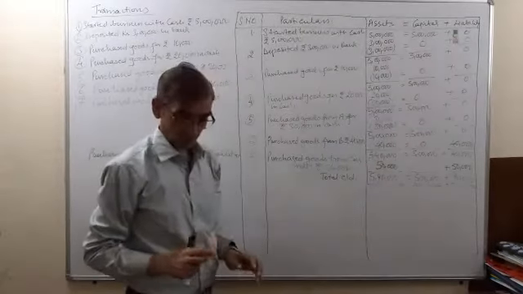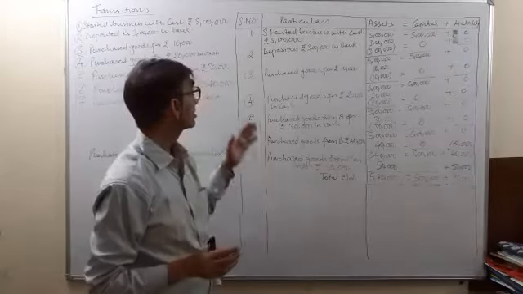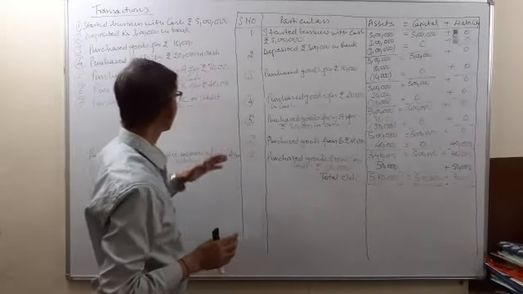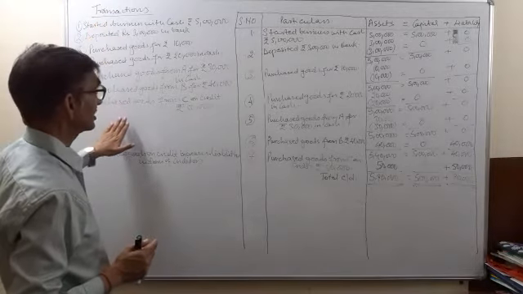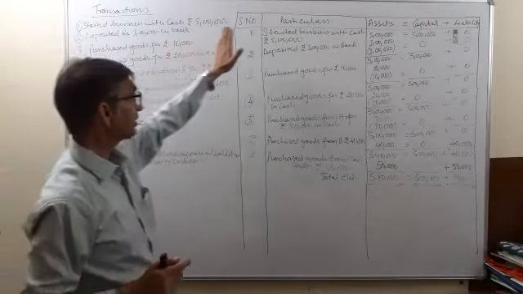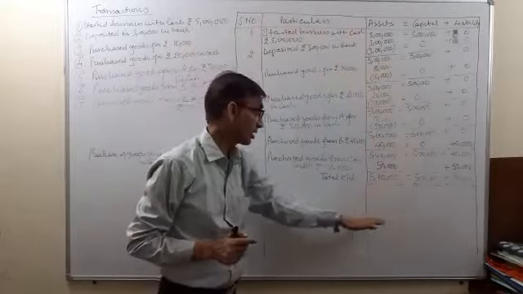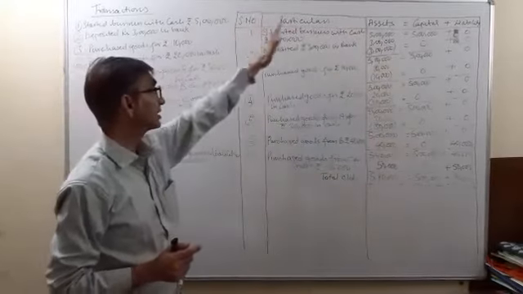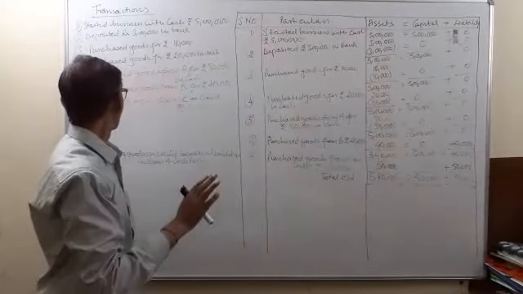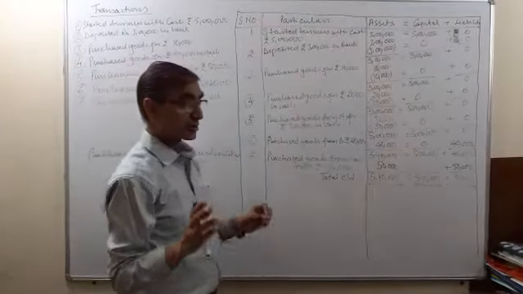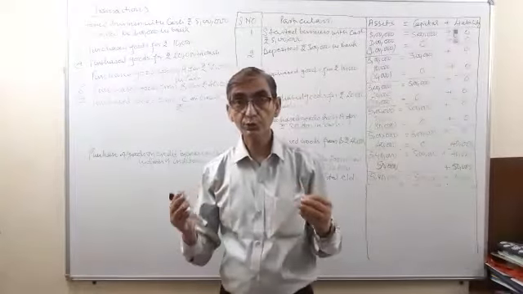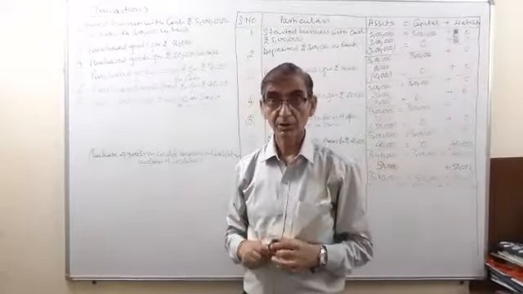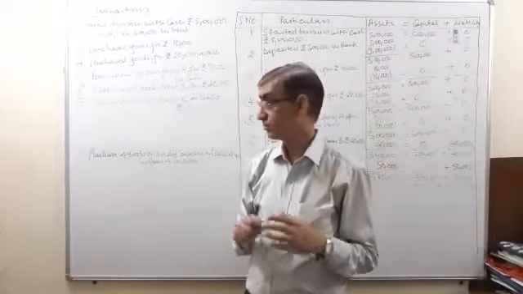Now what I am going to do is, over here I will write down some transactions, and here I will present them in the accounting equation form by drawing this table. So when a business is started, the first thing to start the business is to introduce some capital, to invest the capital.